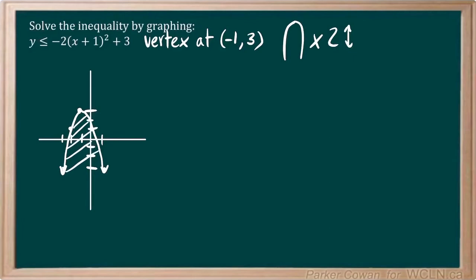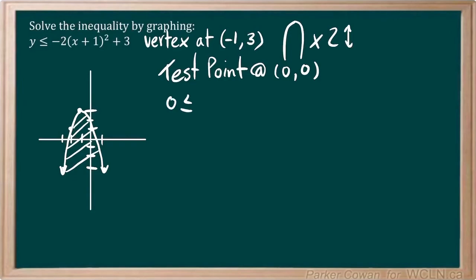But we can also do the test point method. So let's say we want to do a test point at 0, 0. Okay. So x is equal to 0, y is equal to 0, and then we just essentially plug in x and y into our inequality up here.